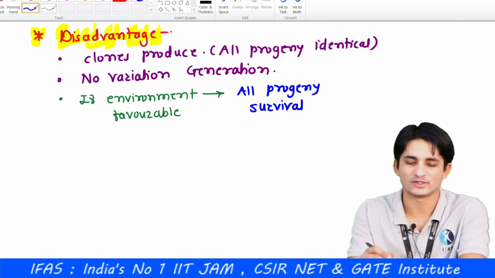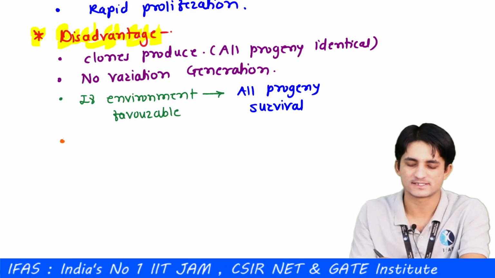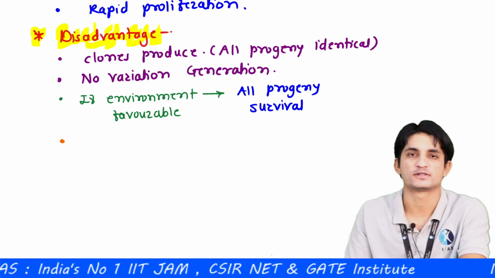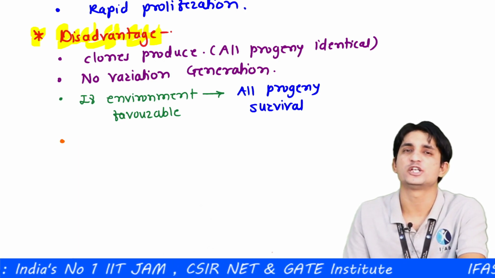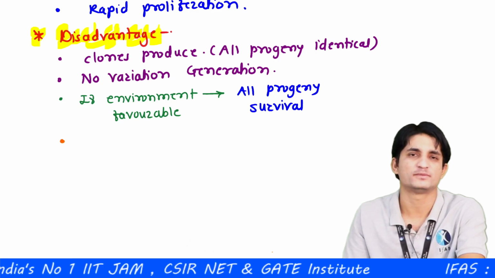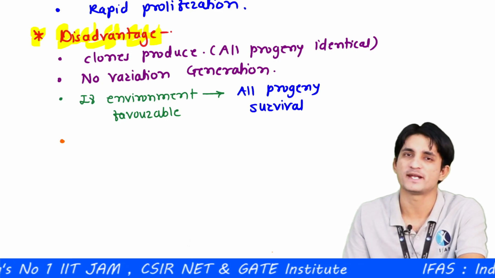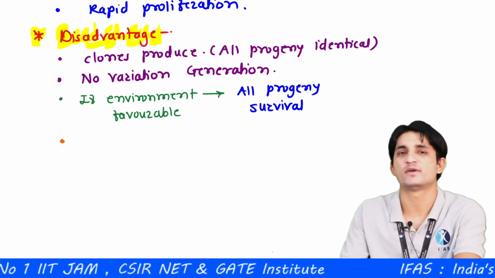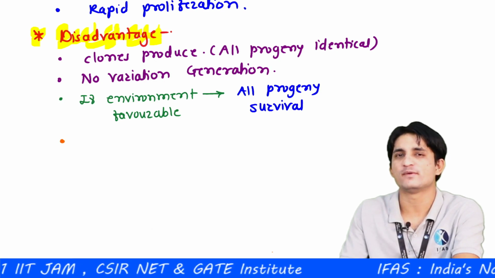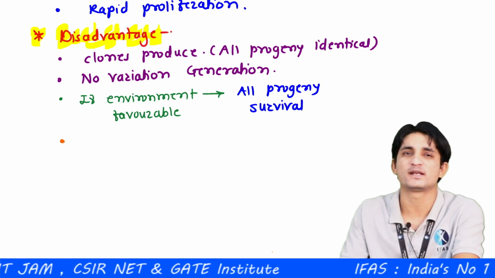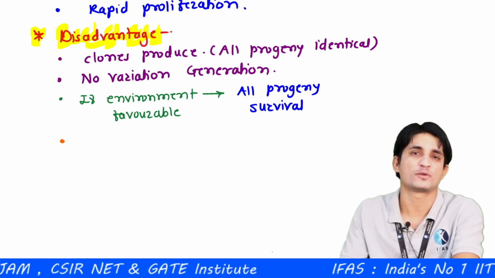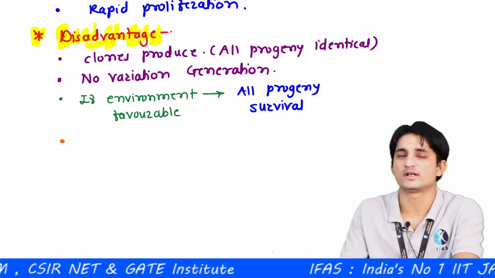But we know that environmental disturbance is a common phenomenon, because any one of the environmental factors can be affected or can become unfavorable, and therefore environmental factors do not remain stable for a long period of time, and therefore this is not possible.